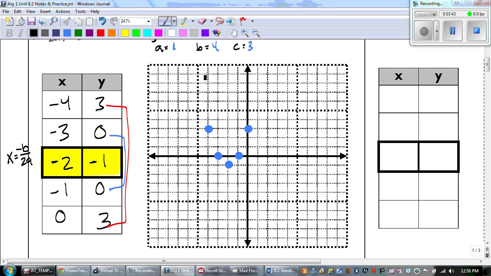As I am graphing this, I am making sure that I have a curved bottom and that we're adding our arrows. Another thing that you can add in here is your axis of symmetry. Remember that the axis of symmetry goes straight through your vertex.